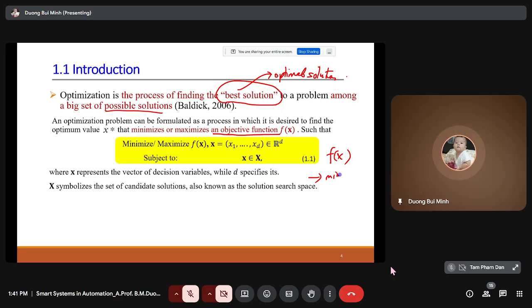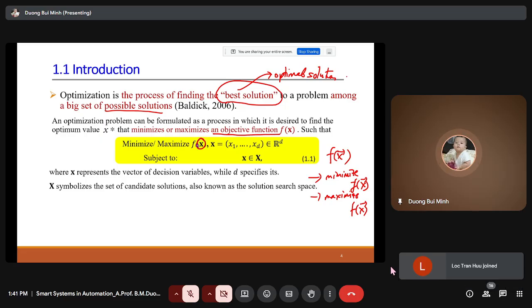The first one is minimize f(x), or we maximize f(x). Remember that this is a bold-face x. So this is the vector.